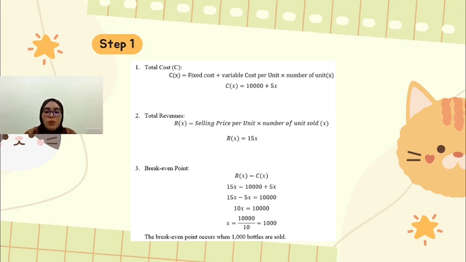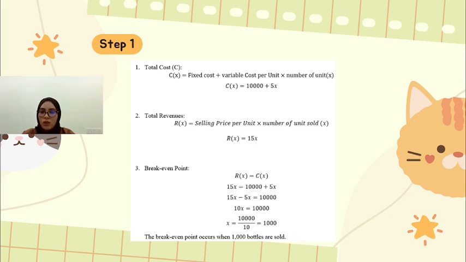So 15x minus 5x equal to 10,000, and then you get 10x equal to 10,000. Then you divide 10,000 by 10, and you will get x equal to 1,000. So the break-even point occurs when 1,000 bottles are sold.